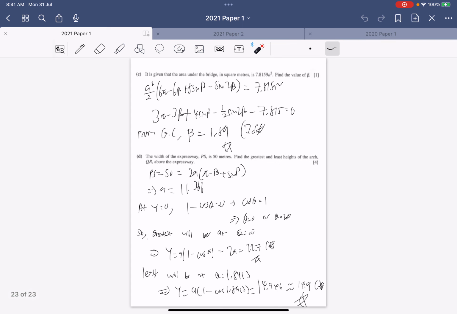So you find where O is, which is at theta equals 0, and C, which is at theta equals 2 pi. How to find that is you equate y equals 0 and solve for theta. So the greatest will be when theta equals pi by symmetry. And then you just sub in and you should get 22.7 as the greatest height.